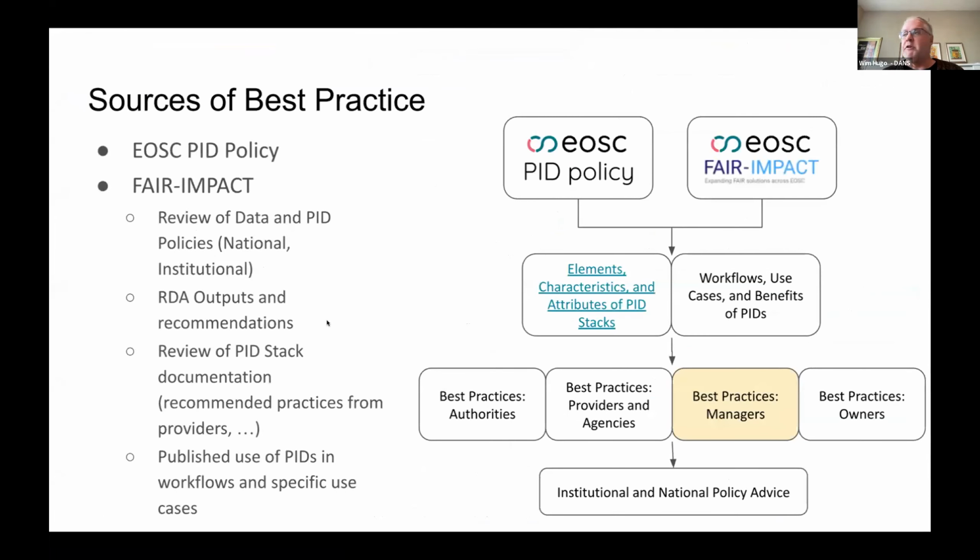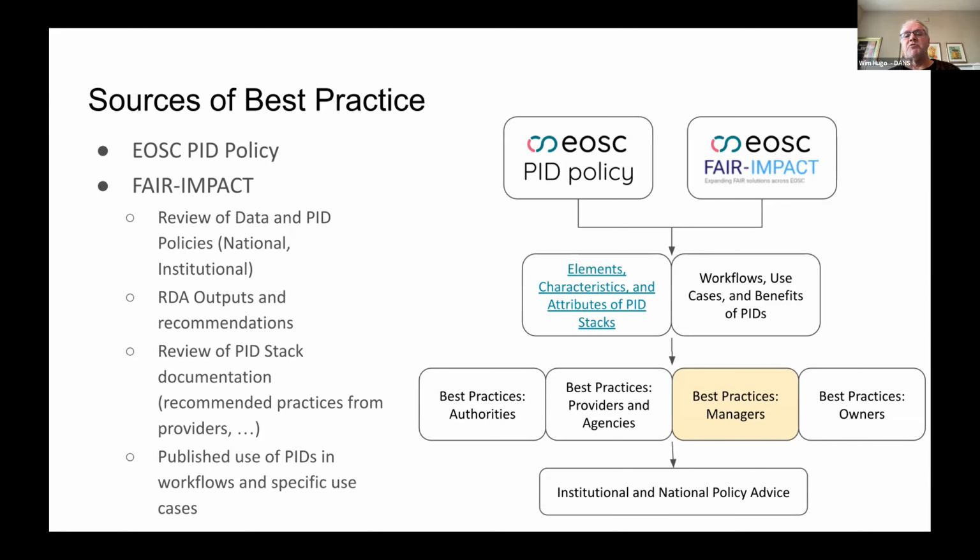Okay, so if we then start looking at best practices for managers of persistent identifier services, we start, of course, with the EOSC PID policy, because one could argue that each of those 35 criteria that we've identified reflects an action that can be equated to some kind of a best practice. But we are also, as we said, gathering quite a bit of information from the community, and that information must assist us to develop additions to the best practices that we have identified in the EOSC PID policy.